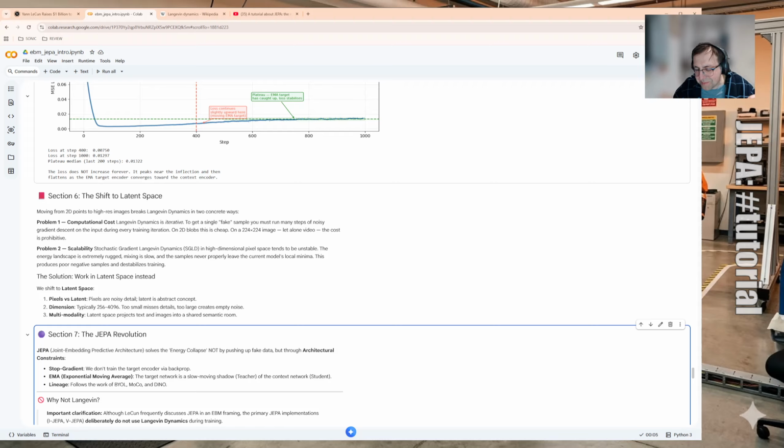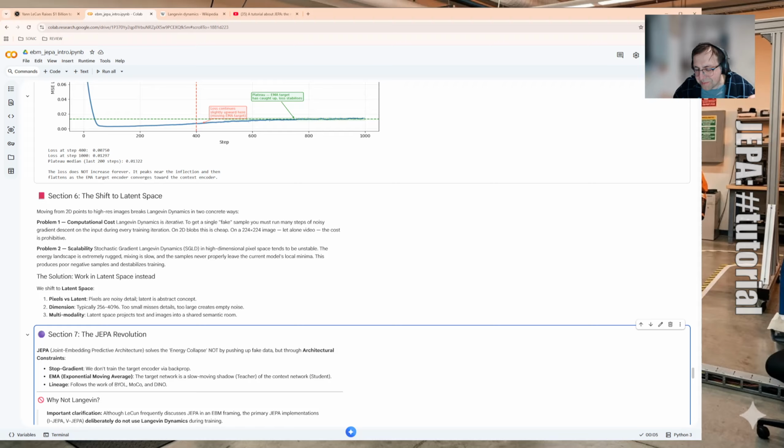Then the EMA update: the target weights are a slow-moving shadow of the context encoder, and they always lag, let's say, 100 steps. That lag is the asymmetry that forces the context encoder to keep changing. In fact, if you disable that, you will see that it's not going to work anymore.